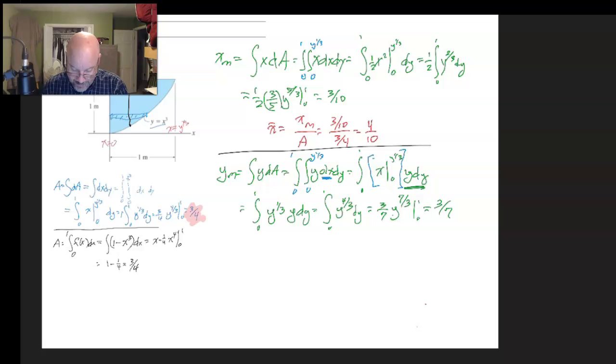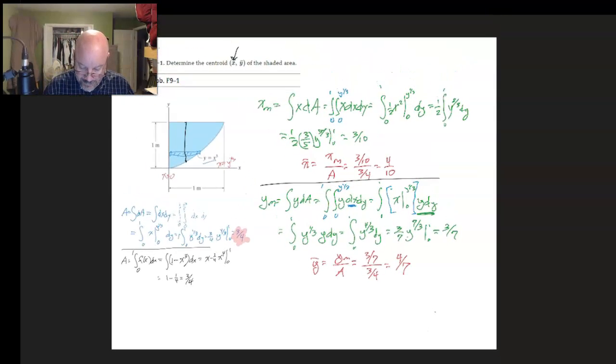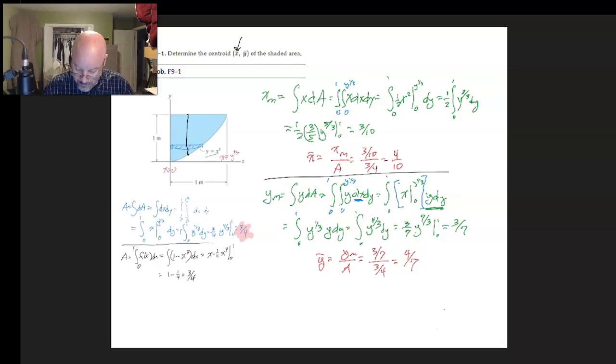So I have to turn that into a center of mass value, or a centroid value. So y-centroid is the y moment over A. So I've got 3/7 divided by 3/4, and that turns into kind of a fraction we don't see every day, 4/7, just like that. Then that becomes our value right here.